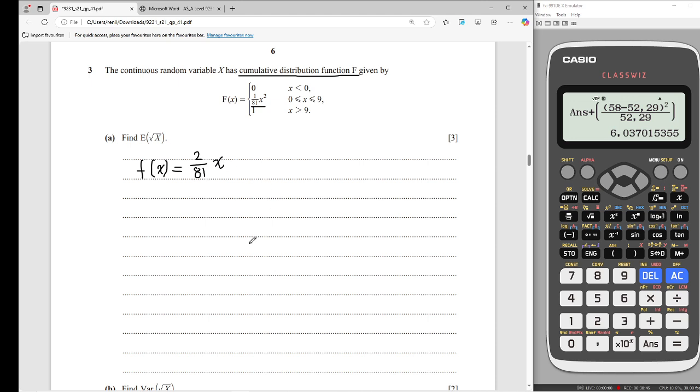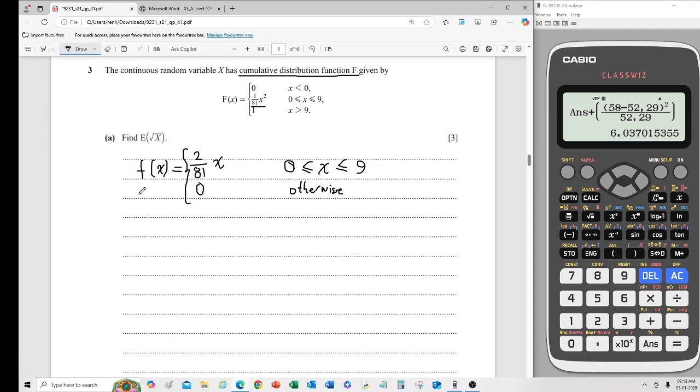Now that we've differentiated this, I think we can also state the ranges, just for a little extra detail, because sometimes they may charge a mark if you don't do that. So right here, we can write 0 otherwise. So what we've done right here is just written our PDF function for the CDF above.